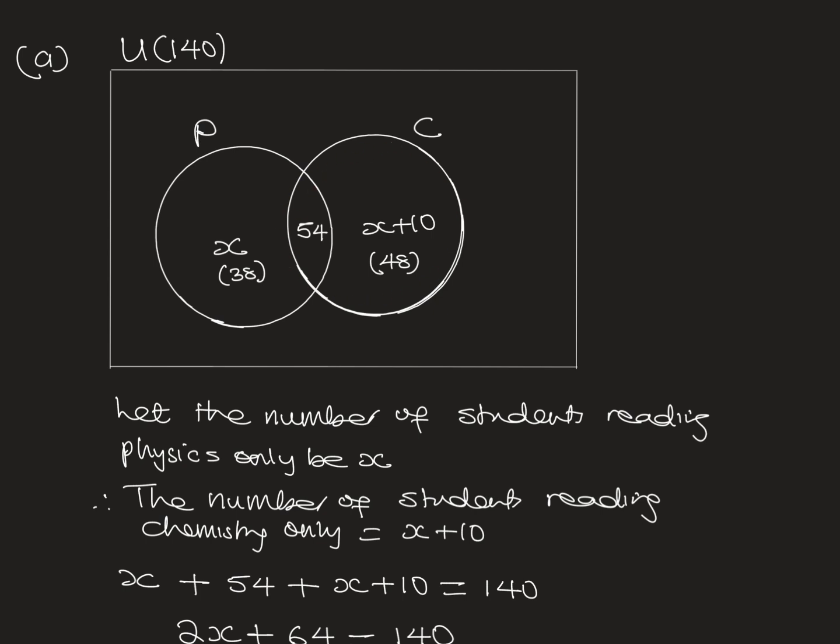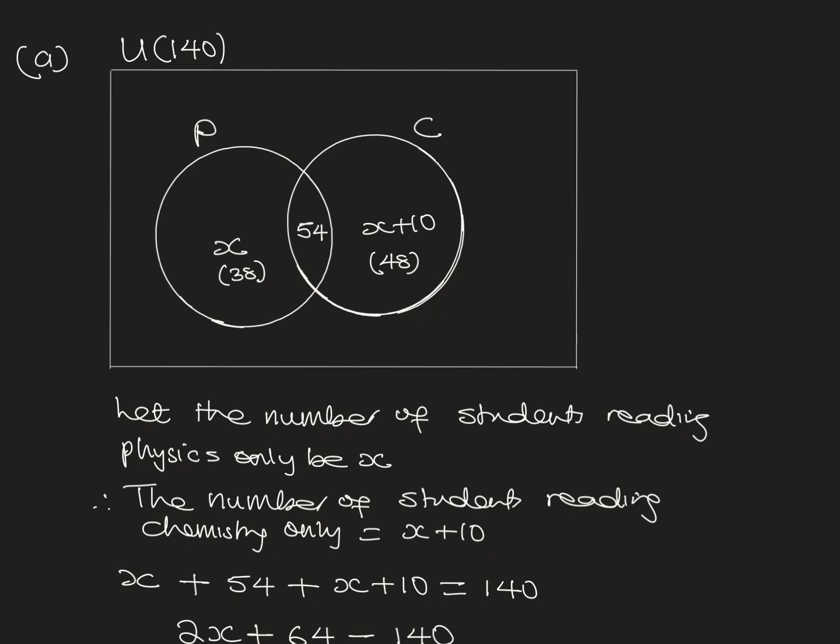But the number of students studying only chemistry is here. That is x plus 10. Okay, mind the language. 54 students are studying both physics and chemistry. So because they are studying both physics and chemistry, it means there are students in them studying chemistry, right? So if we want to know the total number of students studying chemistry, but those studying chemistry only are 48.